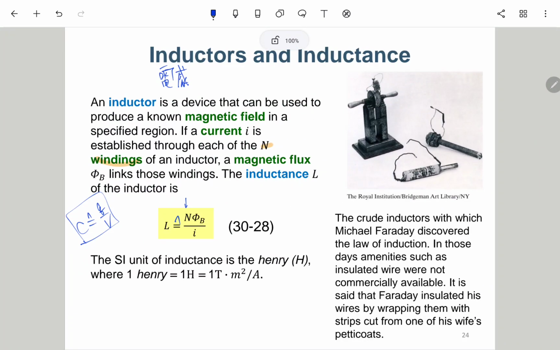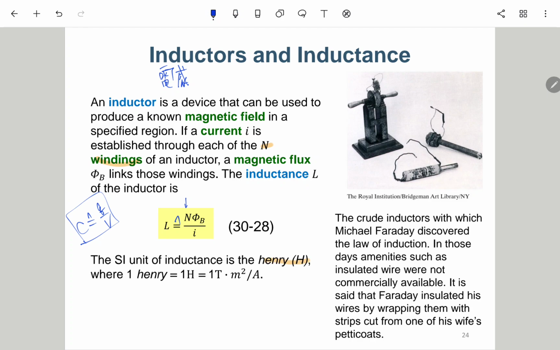So if you would like to increase the inductance, usually we would like to have more turns. The SI unit for the inductance is the Henry, H.